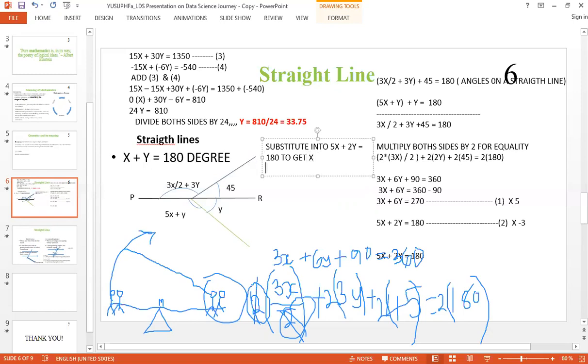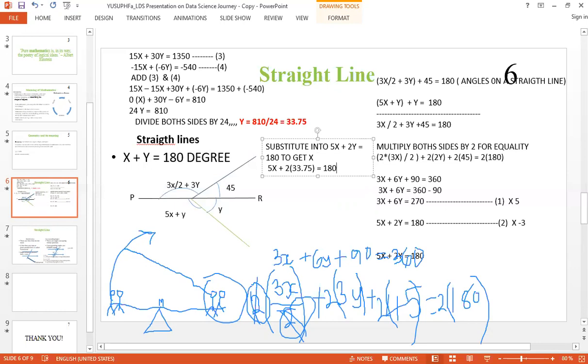So we now have 5x plus 2 times y. What is your y? 33.75. You just substitute that value straight away into it. It's equal to 180.